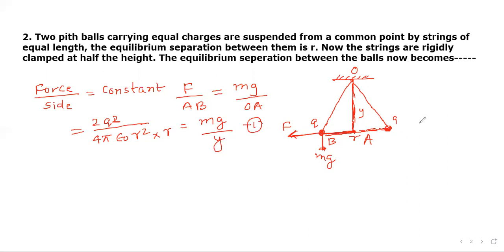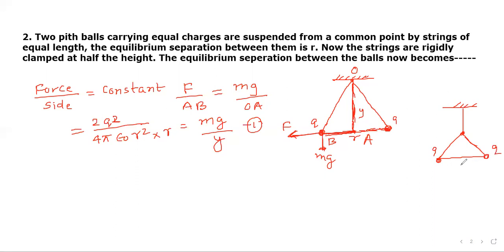Now consider the second situation, when the string is clamped halfway. So the string is clamped here. Now the two charges are here, one charge is here, another charge is here.